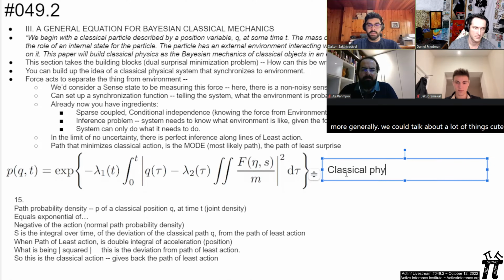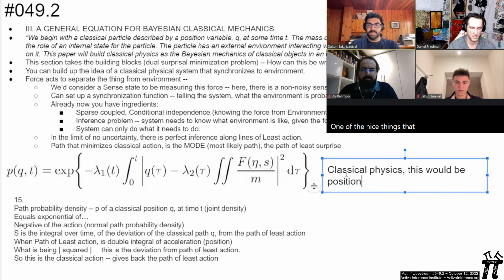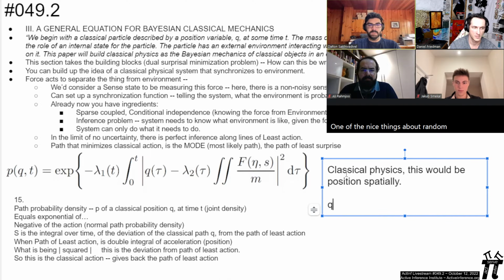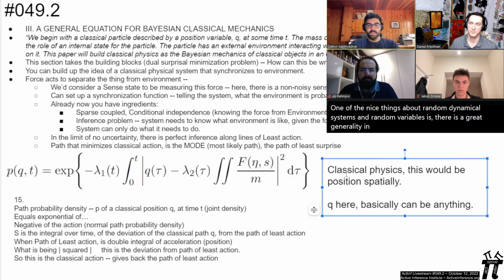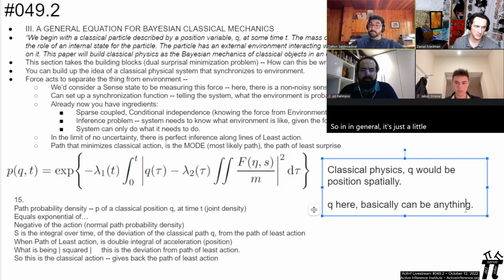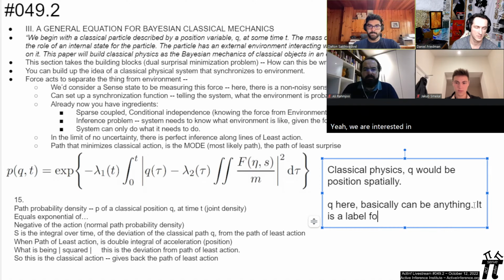Q could be really anything. One of the nice things about random dynamical systems and random variables is there is a great generality in what that state could represent. So in general, it's just a label for something. Here in classical physics, yeah, we are interested in positions, spatial positions.